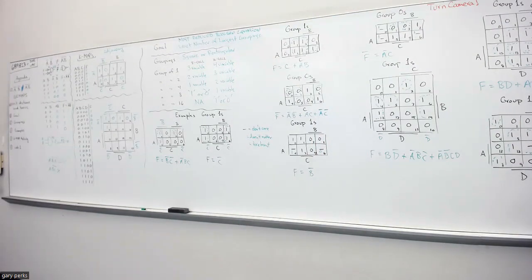If I want the reduced POS for F, you start with reduced SOP for not F. The only difference is that when you're going from a truth table, it's not the most reduced, it's non-reduced. But when you're going from a K-map, it's reduced, but it's the same thought process. So now, what would I do to this SOP for not F to get POS for F?